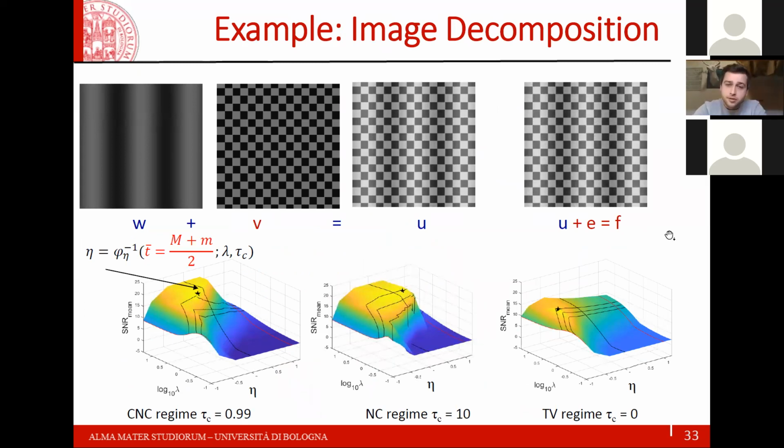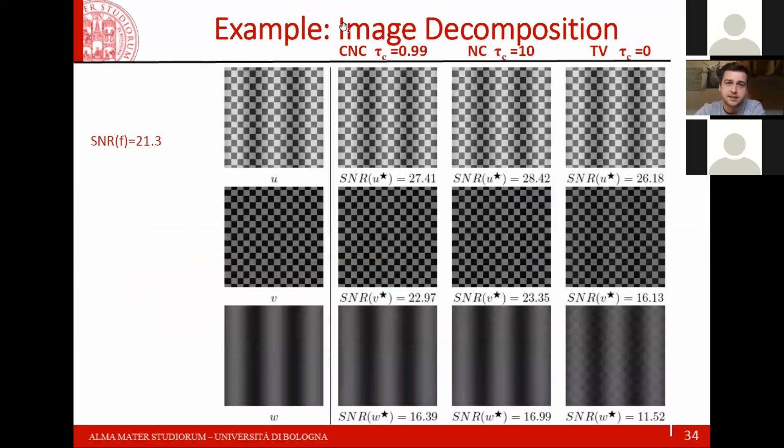So moving to some experiments that we have done, what we have studied is the image decomposition in case of the following image containing the two components, which was then corrupted by noise, and we have applied three different values of tau c in order to see how the different regimes of our model can perform.